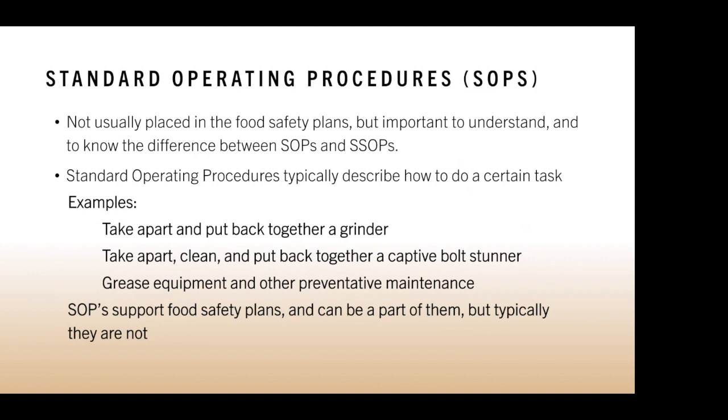Examples of SOPs are deconstruction and reconstruction of a grinder, deconstruction and reconstruction of a captive bolt stunner, how to grease specific equipment, or other preventative maintenance items. Mixing formulations sometimes may also be an SOP instead of a different program. SOPs definitely support food safety plans, and they can be a part of them, but they are not typically.